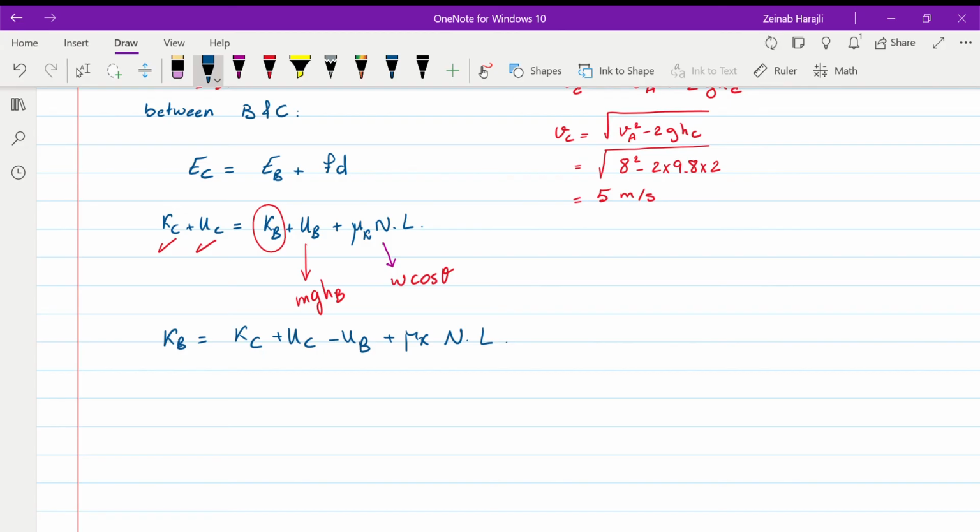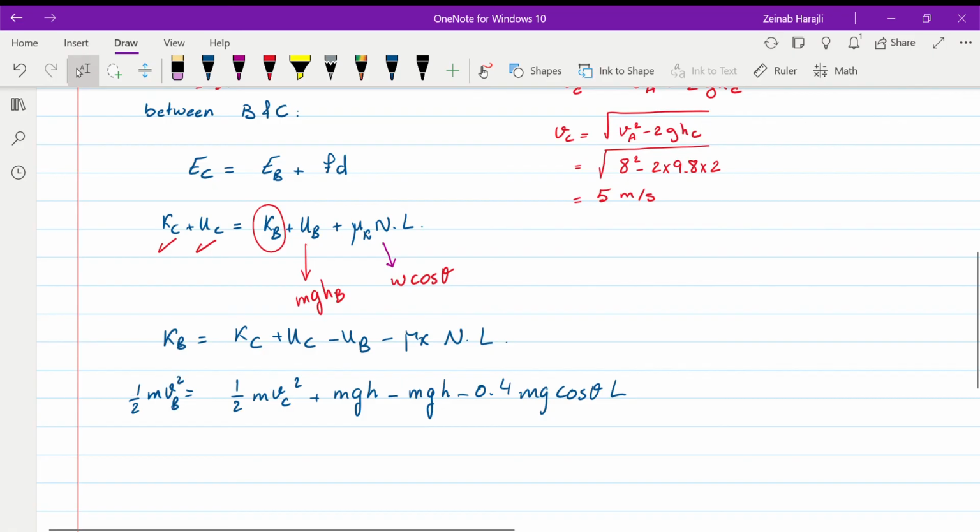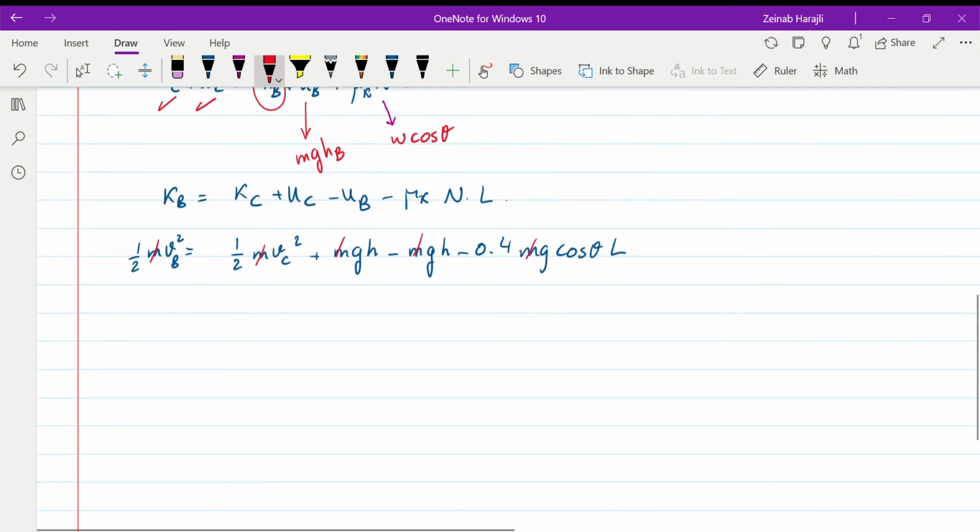And again, we will substitute this by half m vC squared plus m g hC, which is h, minus m g hB, which we said is just found, minus the value of mu k, which is 0.4, and the normal we said this is m g cosine theta times L. So we can notice that we can simplify the mass from our equation, and we can now write vB to be equal to vC squared plus 2 g h.